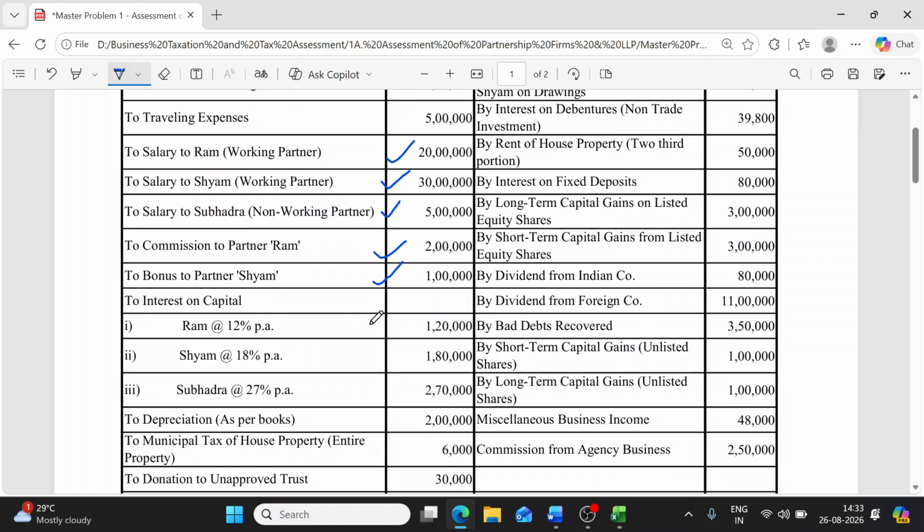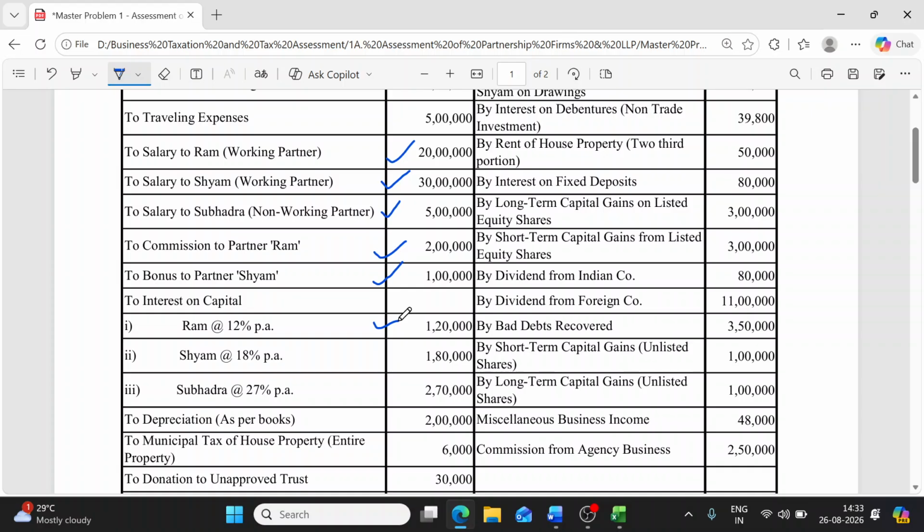Now see here, Ram is paid interest on capital at the rate of 12%, which is validly allowed, because a partnership firm can claim interest deductions up to 12%. But any interest paid above 12% cannot be claimed as a business expense. Ram has been paid 12%, which is perfectly fine.